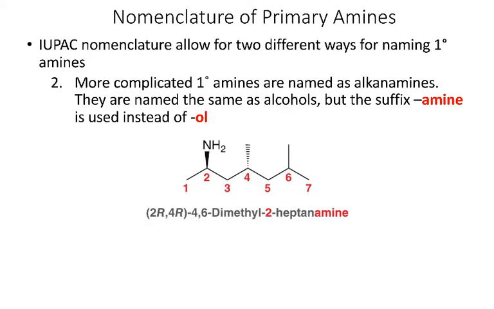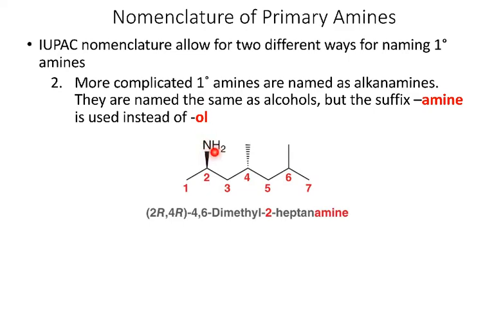Alright, so the second way of naming primary amines works just like alcohols, except instead of using the suffix -ol that we would use for alcohols, we use the suffix -amine. So if I was going to name this compound, I'd locate the longest chain, I'd identify the different substituents, so I've got two methyl groups, and I have the amine, and identify which one has the highest priority.